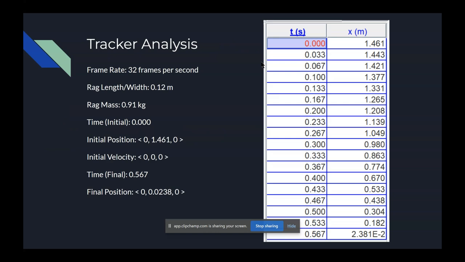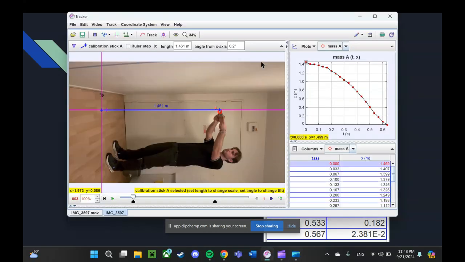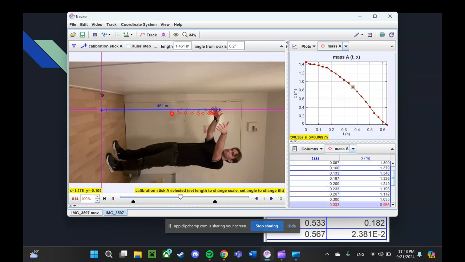So let's go over to the tracker analysis. Here you can see it falls in small amounts and then large amounts as it goes on. You can see this curve right here. Lots of data. And you can essentially observe here gravity influencing the speed changing over time.